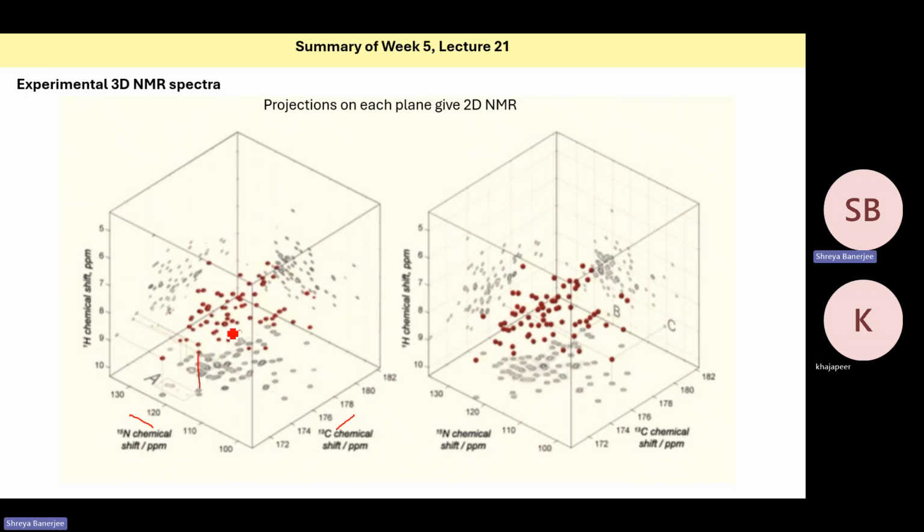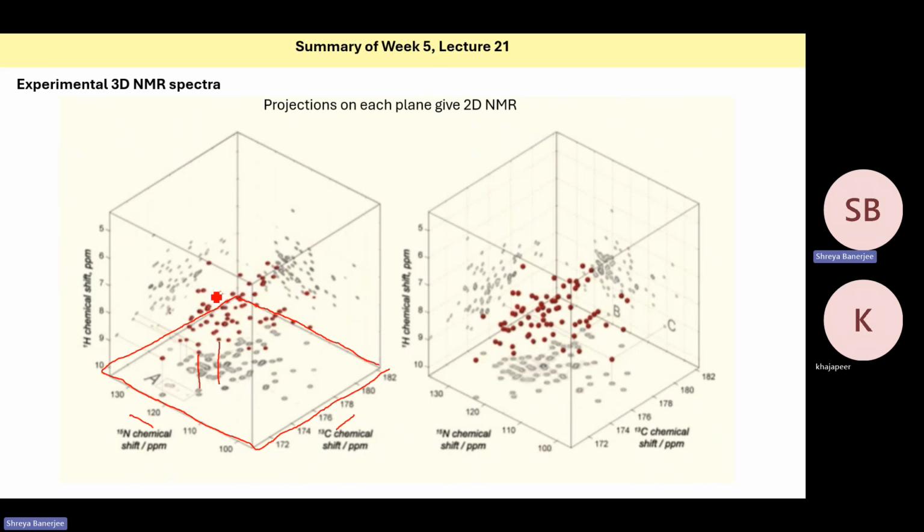If I project the dots like this on the plane, then you will get a 2-dimensional spectra. You can see that this plane is forming a 2D spectra. And what 2D spectra is this? This is the 13C 15N 2D spectra.